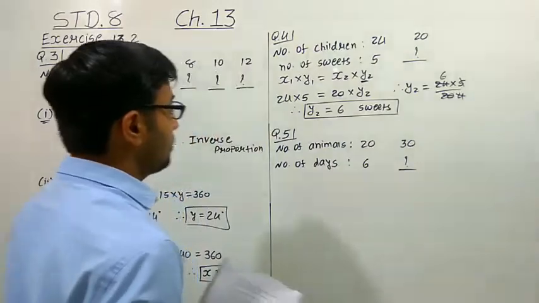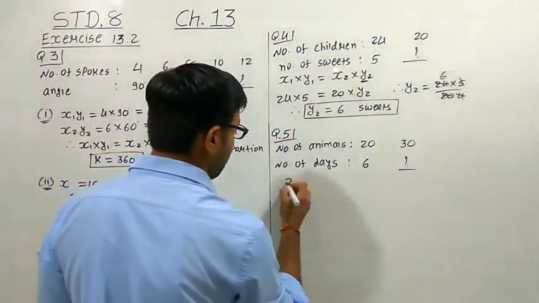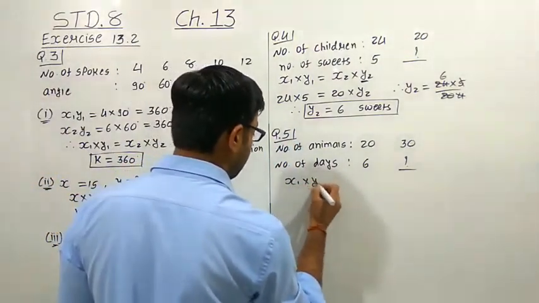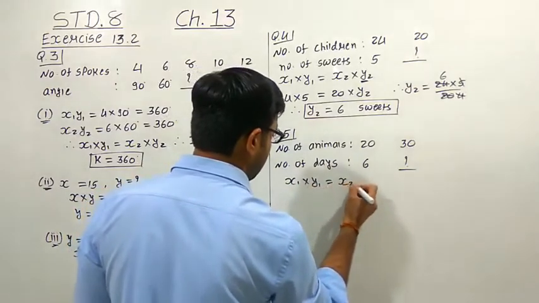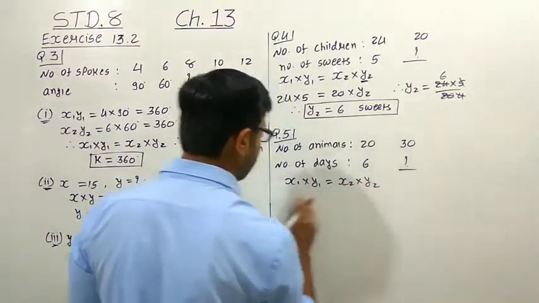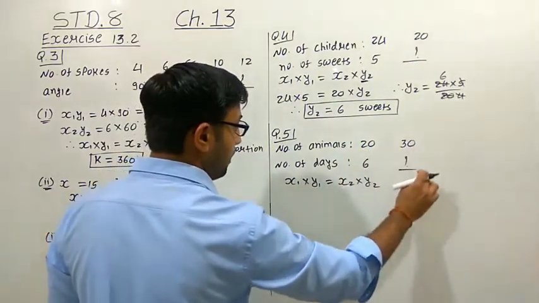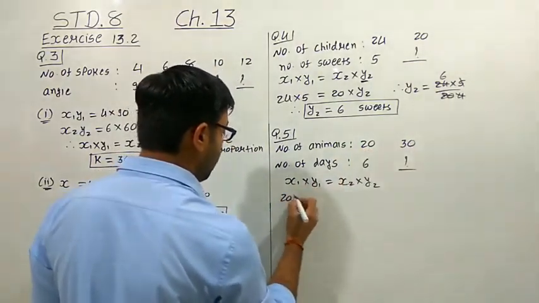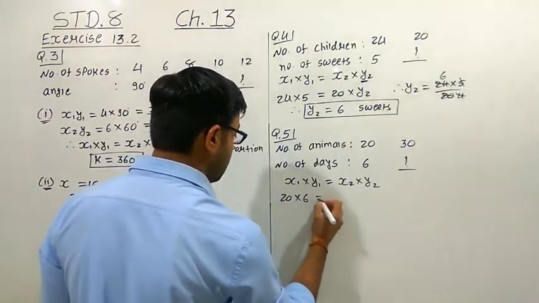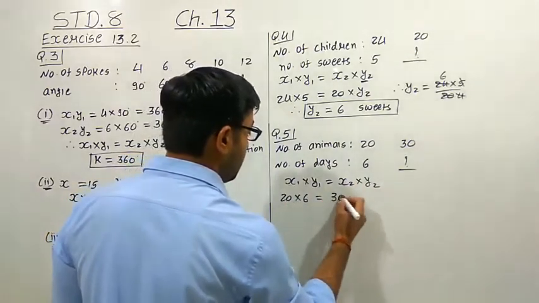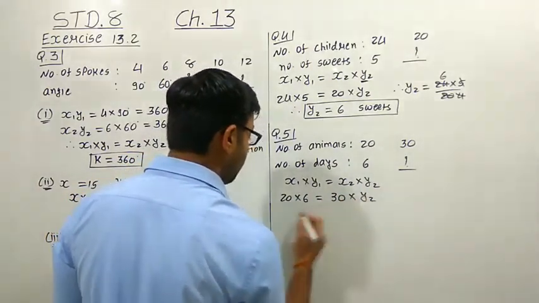So this we can solve again using inverse proportion. x1 into y1 is equal to x2 into y2. This is x1, this is x2, y1 and y2. So here we write 20 into 6 is equal to 30 into y2.